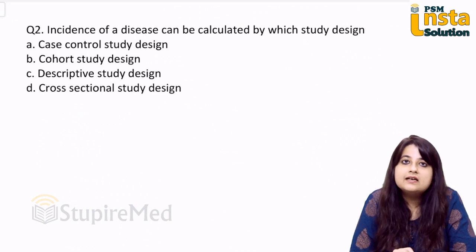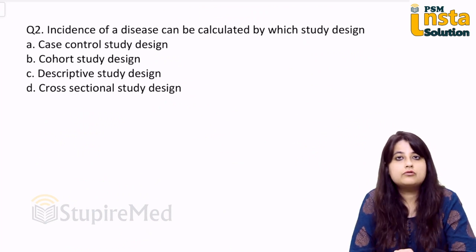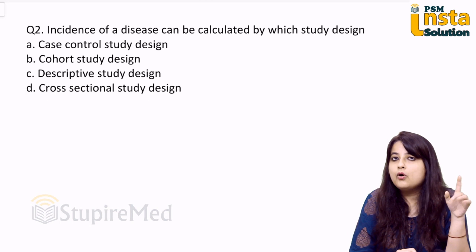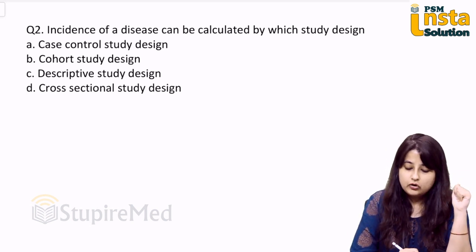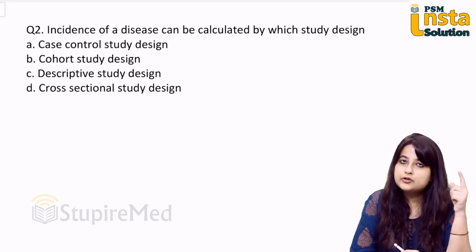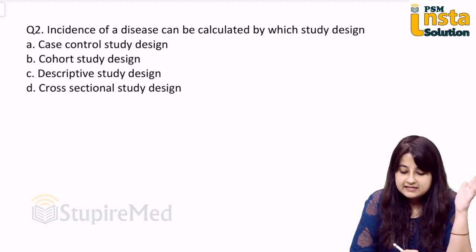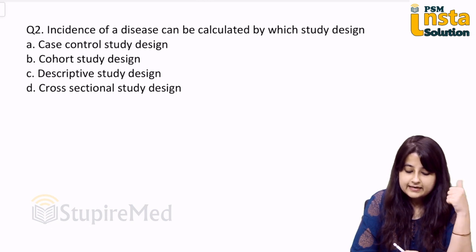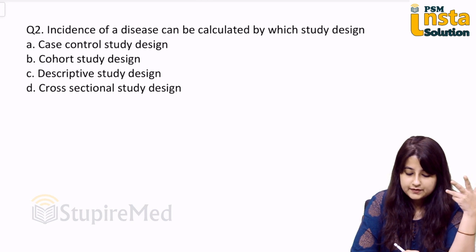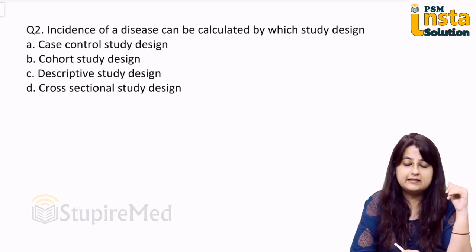Hello dear students. Today we are going to talk about Insta question number 2 of a high-yielding topic of epidemiology. Our Insta question number 2 for the day is: incidence of a disease can be calculated by which study design? Case control study design, cohort study design, descriptive study design, or cross-sectional study design.